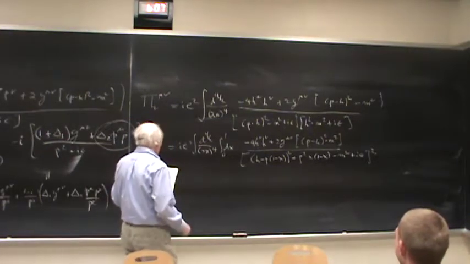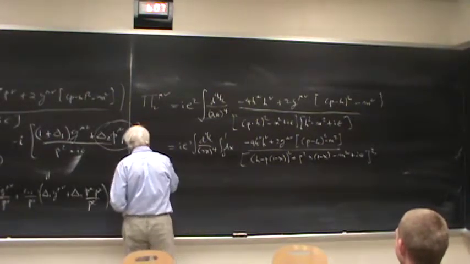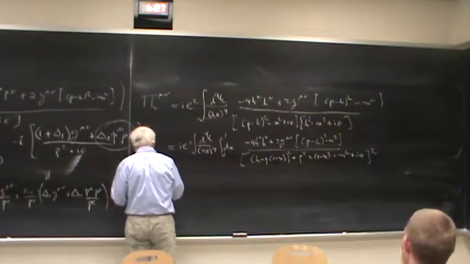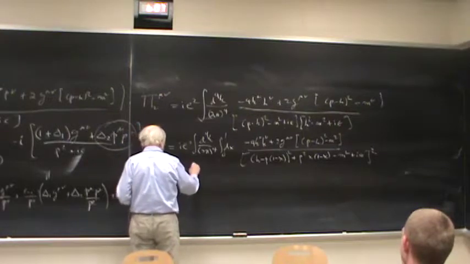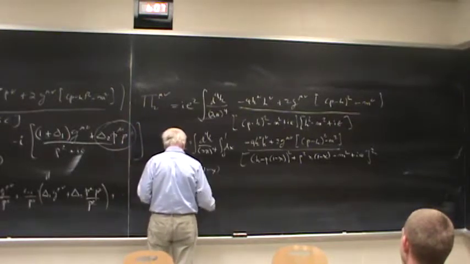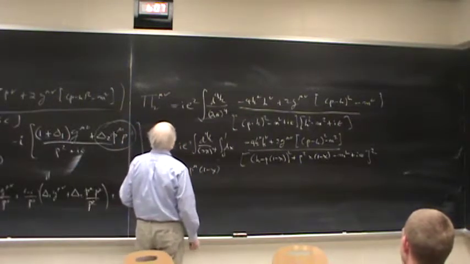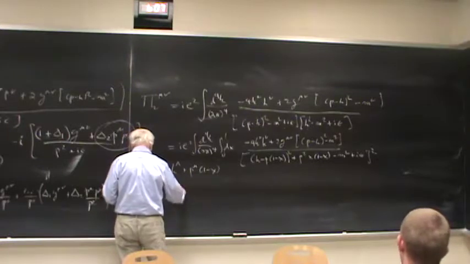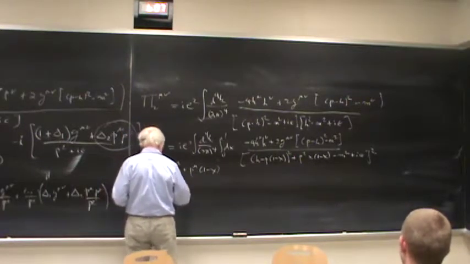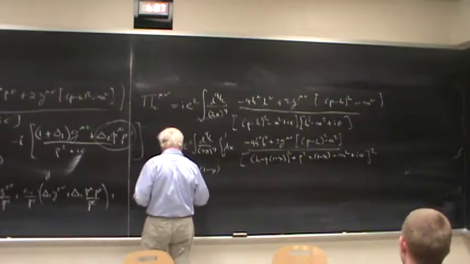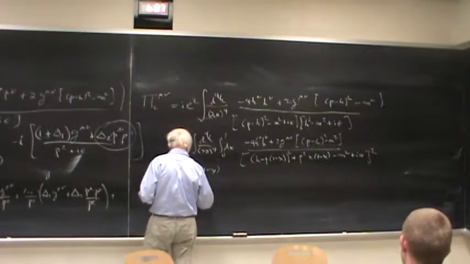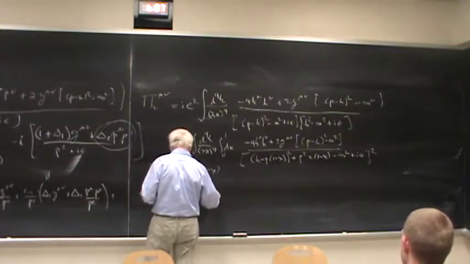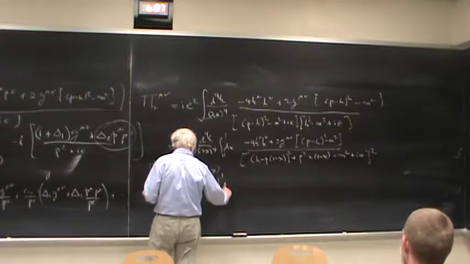All right. So we now do this shift. K mu goes to k mu plus p mu times 1 minus x. And then pi 2 mu nu of p then is i e squared integral d fourth k over 2 pi to the 4th, integral 0 to 1 dx.